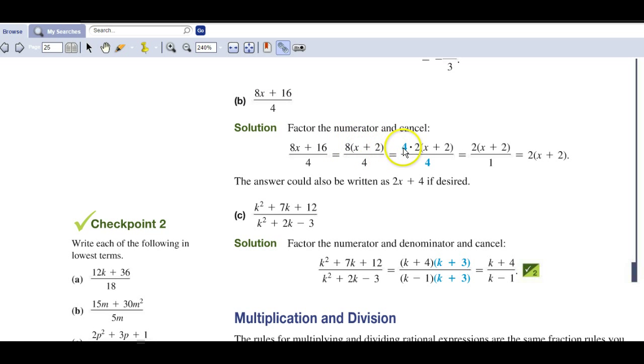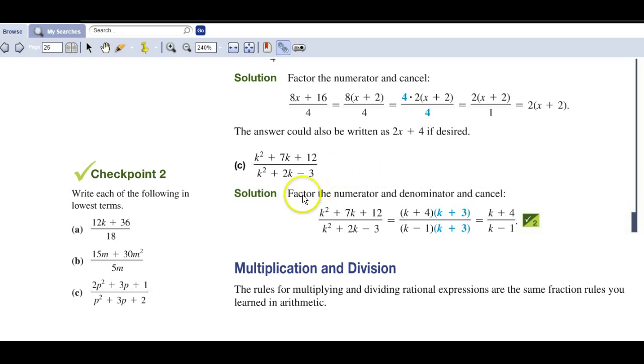Now that 8 is actually 4 times 2, or you can factor a 4 out of there once, which leaves you a 2. So this is what you get. And every number is over 1 that we don't write. So you can leave it like this. They want you to leave it in its factored form. But if you distributed and got this, that would be okay.